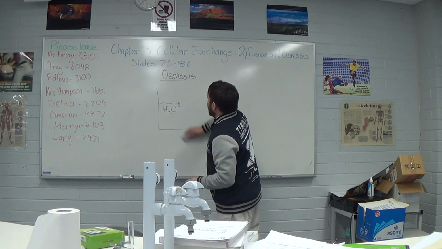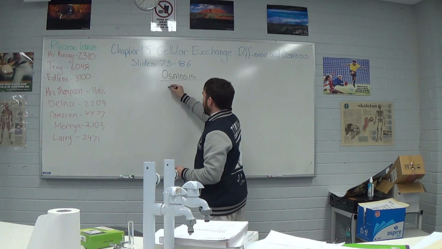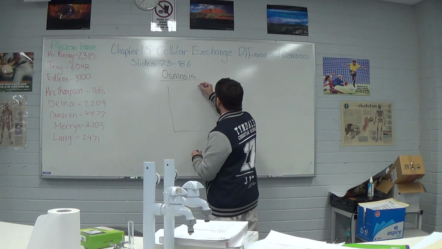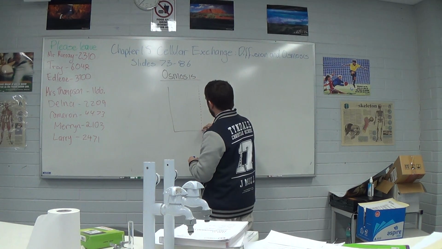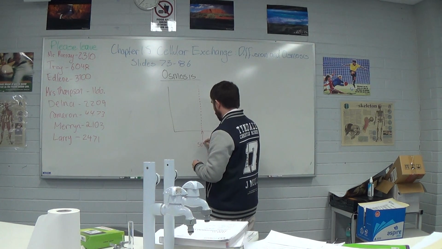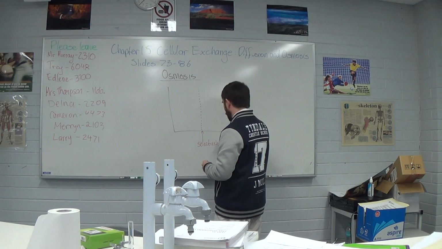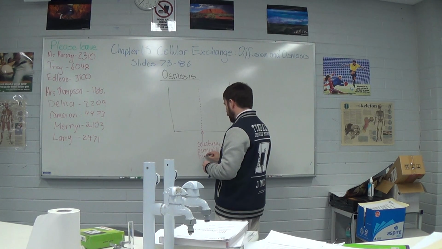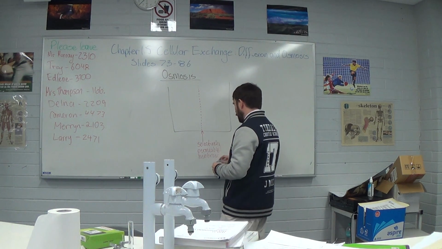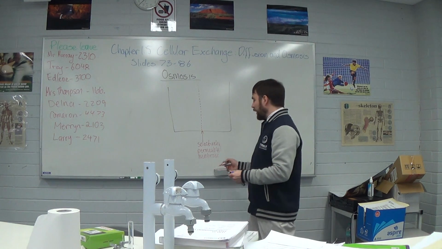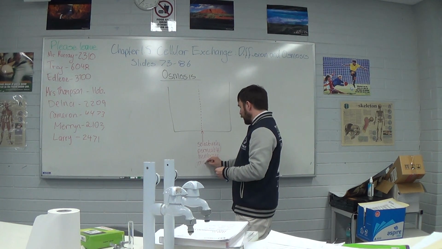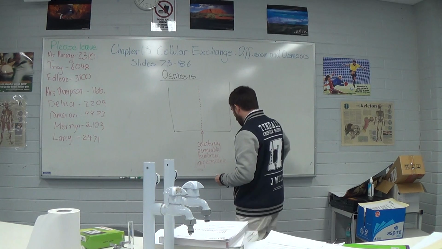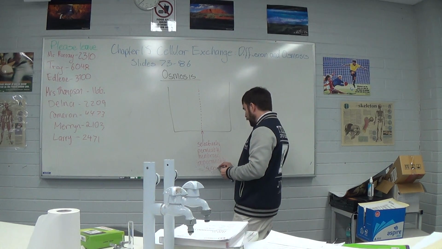If we throw into that same situation, we'll draw our beaker again, but we'll make it slightly larger. We put in our selectively permeable membrane, and it is impermeable to sugar.